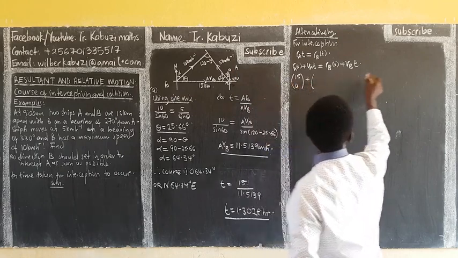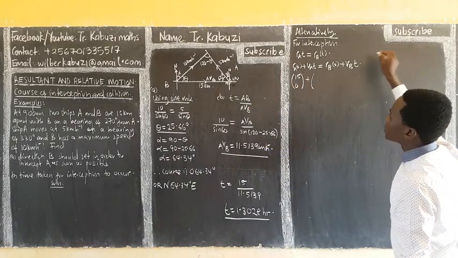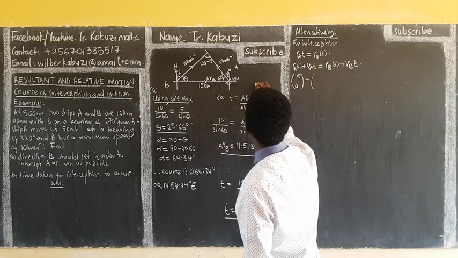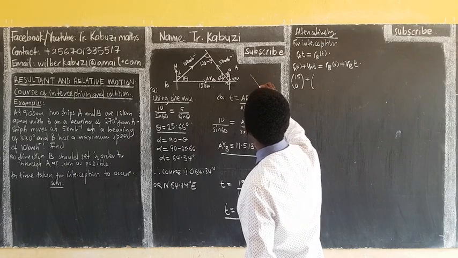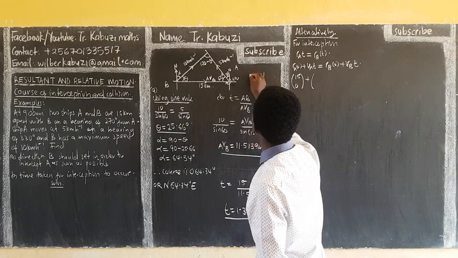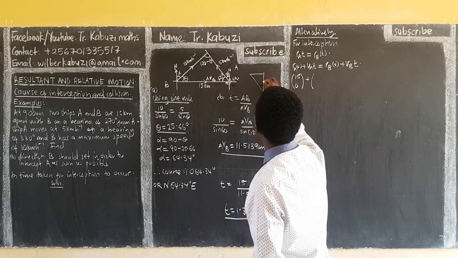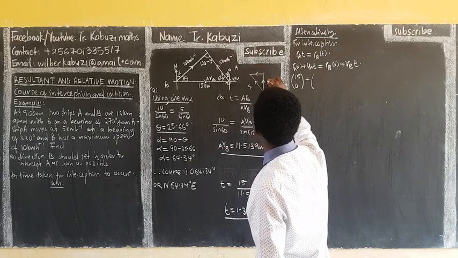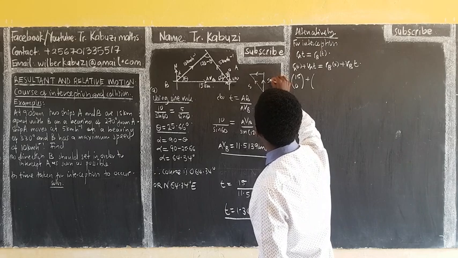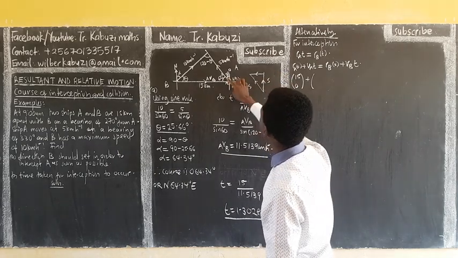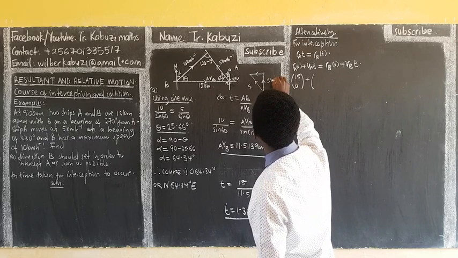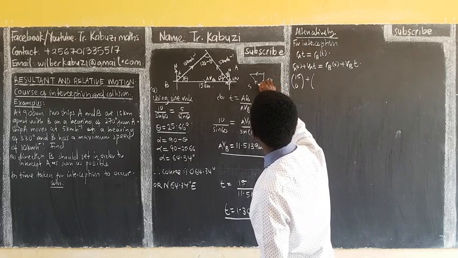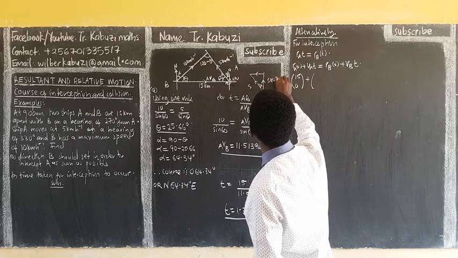If we resolve A in this format, we are going to be having something like that. If we have to resolve this 5 like that, this one is going to be 5 sin 30. This is our 30, so this is adjacent, so cos 30.